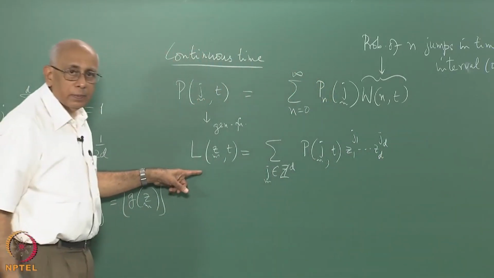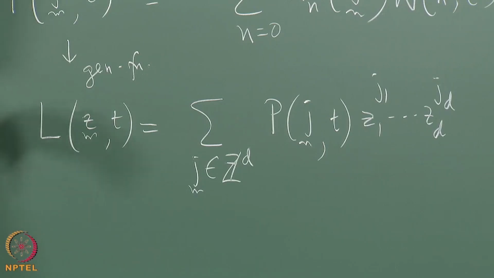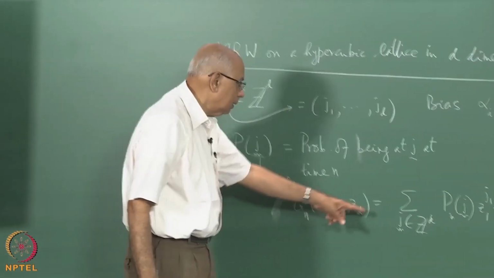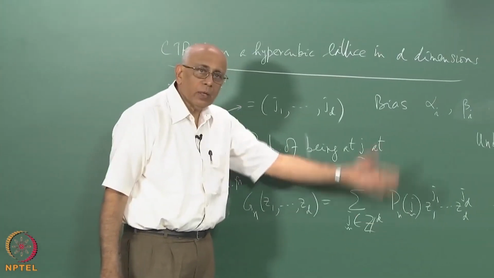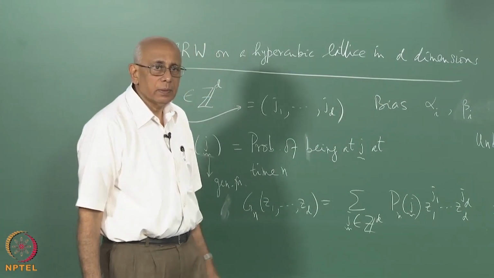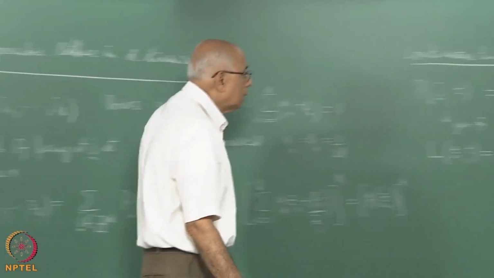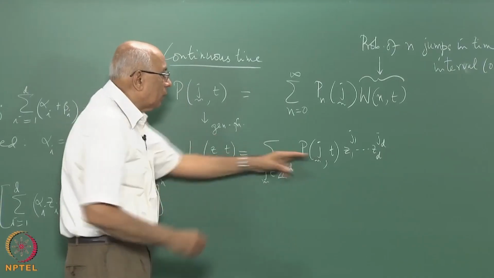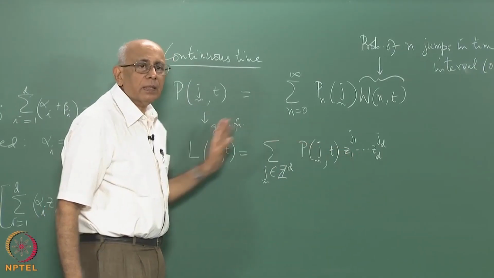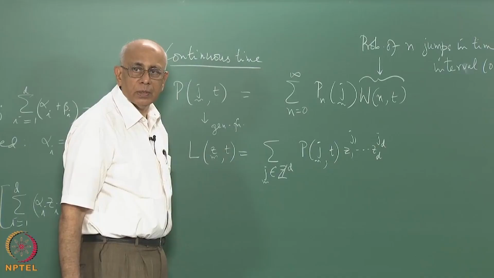That is this fellow here. It is the continuous time analog of this generating function here. Okay. So instead of p_n of j, I got p of j comma t. So what I have to do is to multiply this by z1, z2, etc., this factor, and sum over all the j's, components of j's.